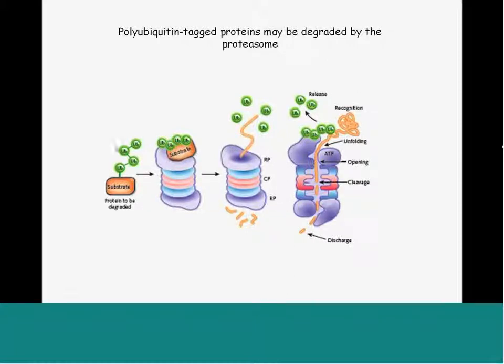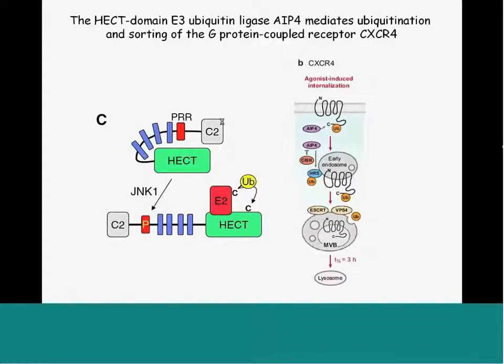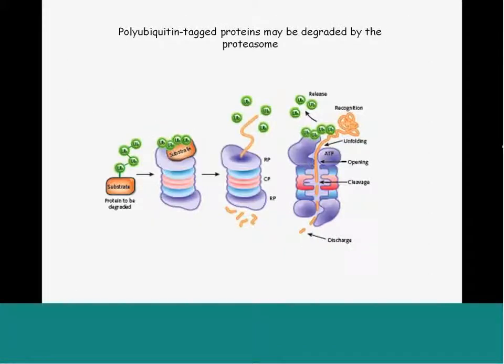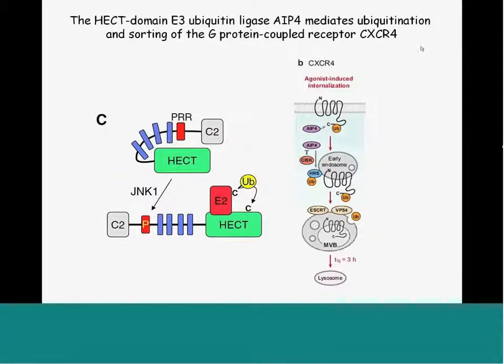So, as I said earlier, some of the types of ubiquitin linkages target proteins for proteasomal degradation. Now, just before I get into the mechanism for that, polyubiquitin chains can target proteasomal degradation, or alternatively, modification of receptors on the surface of the cell.